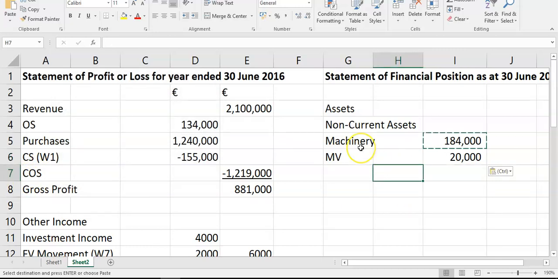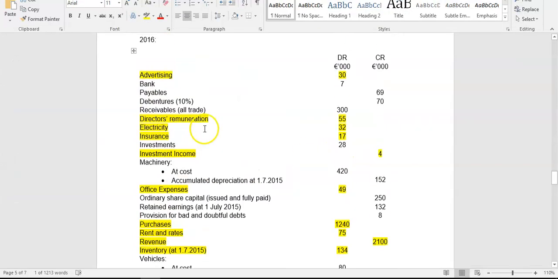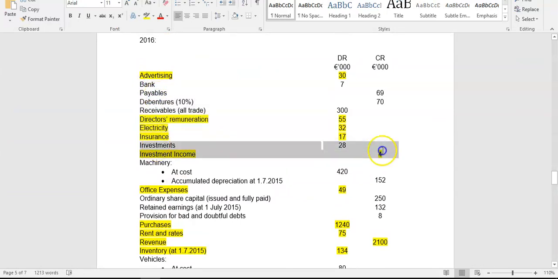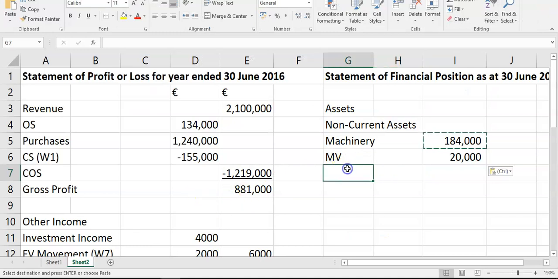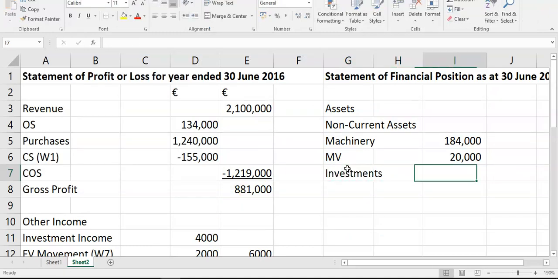So that's motor vehicles. We just go down and check, do we have any other non-current assets? None of those. That's a current asset. They're liabilities. Investments, now there's subjectivity. You could put it as a current asset as well. It's not clear. We'll just leave it as a non-current asset, but you could equally put that in current assets. Investments, be careful, they are now 30, and that's coming from working 7.